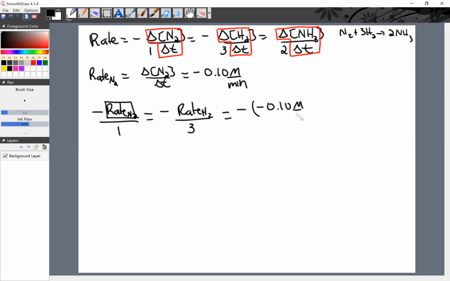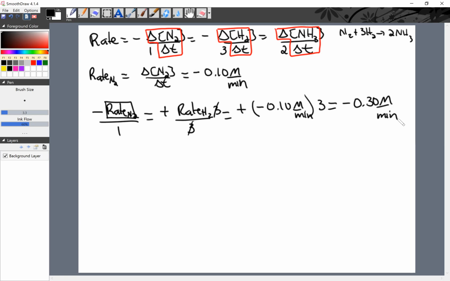Okay, so I'm going to plug that in, a negative 0.10 molarities per minute. So if I want to solve for the rate of hydrogen, I'm going to multiply both sides by 3. So my 3 goes away, and I'm going to multiply both sides by a negative. So one of those is gone. And I'm going to end up with a negative 0.30 molarities per minute.